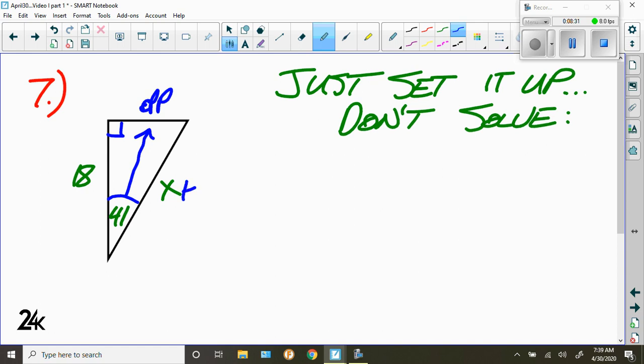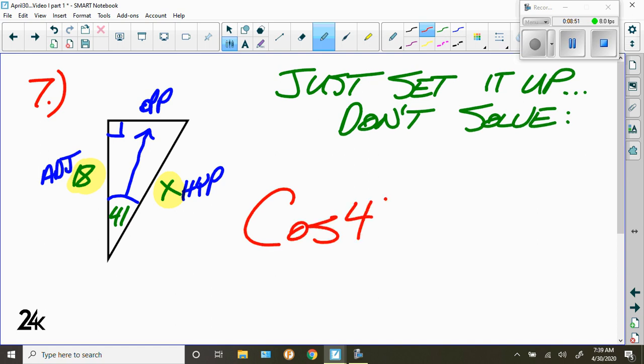You're the hypotenuse, which means that you're the adjacent. My 2 points that I have are 18 and x. So I have the adjacent and the hypotenuse, and that's cosine. So you would say cosine 41 is adjacent 18 over hypotenuse. Don't solve it. Just leave it like that.